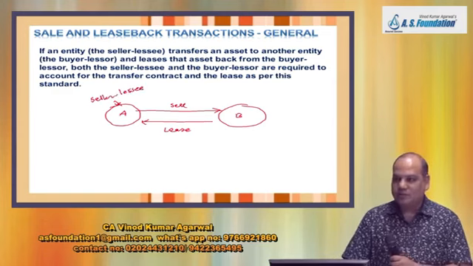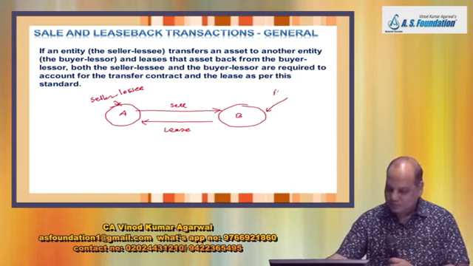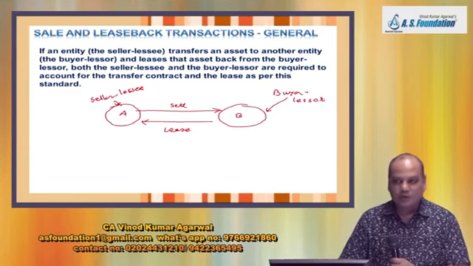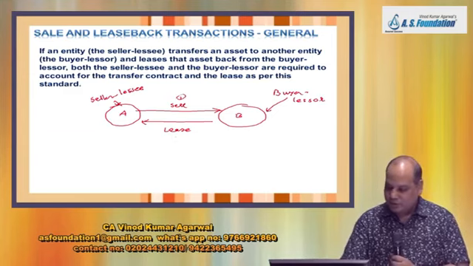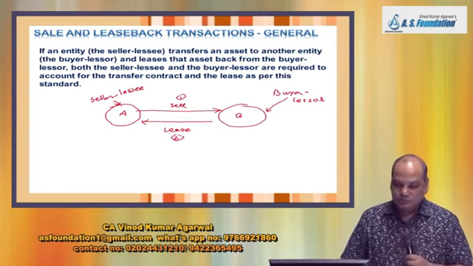He is seller and is lessee. And we'll give a name to B, buyer lessor. He is a buyer in the first transaction and is a lessor in the second transaction.